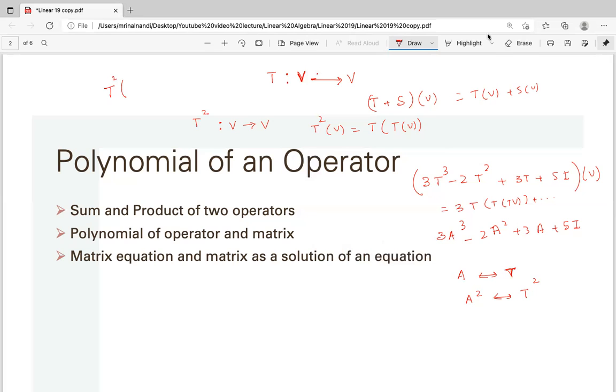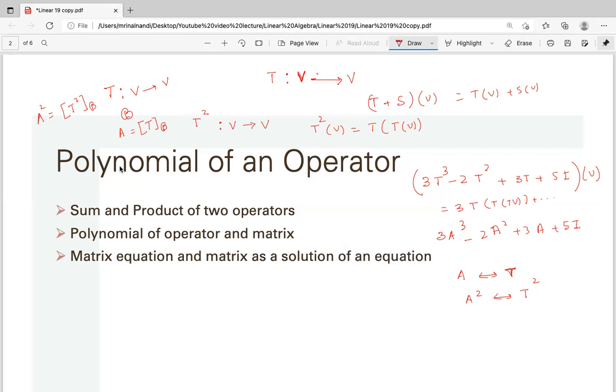For a corresponding basis, say T from V to V, and some standard basis, the corresponding matrix is A. So A is the corresponding matrix of this transformation with respect to the standard basis. Then A square is the corresponding matrix of T square with respect to the same standard basis.